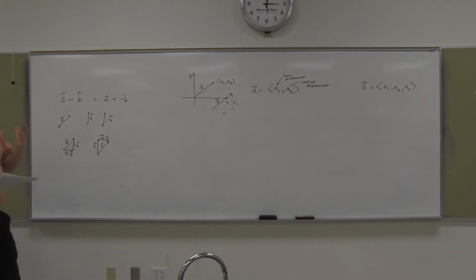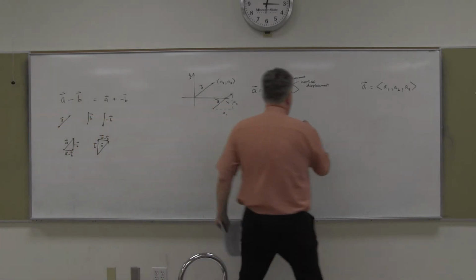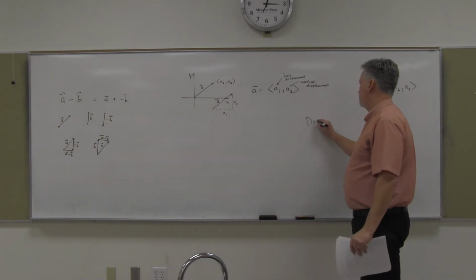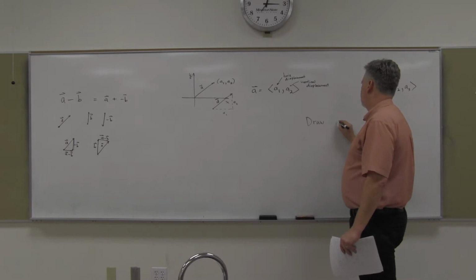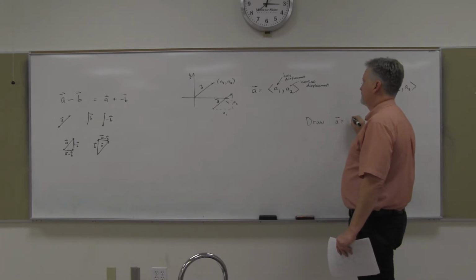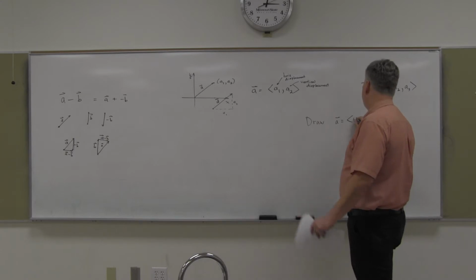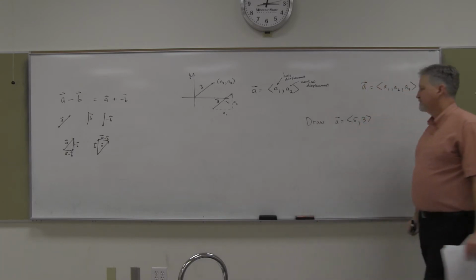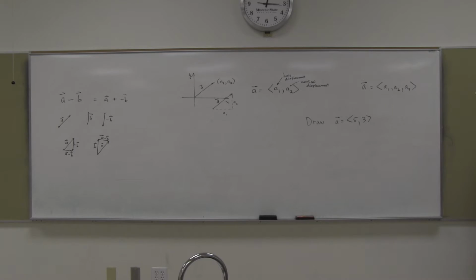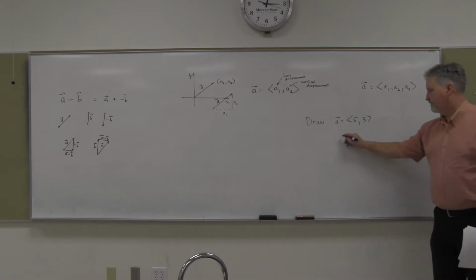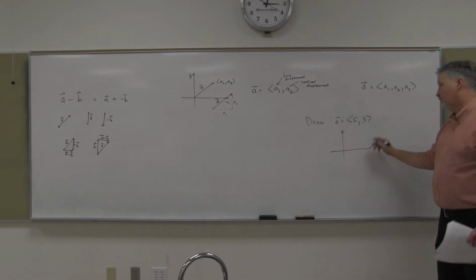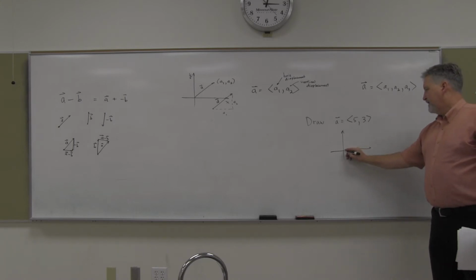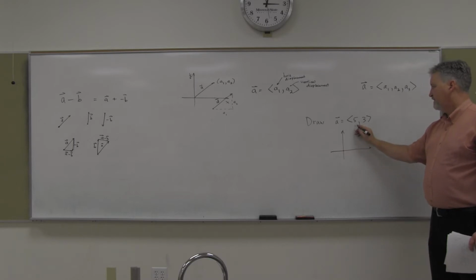Now, it is important to note that if I say draw A equals 5, 3, one version of it, we could put it anywhere you want, but would be initial point 0, 0, so I would go out in the x direction 5, the y direction 3.